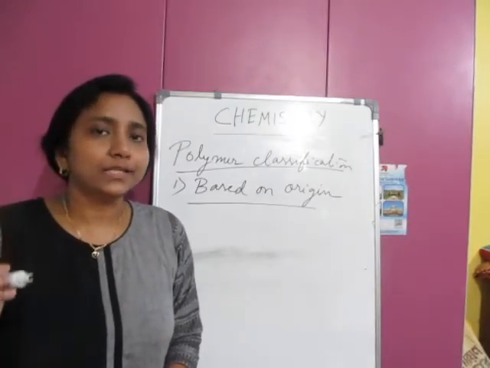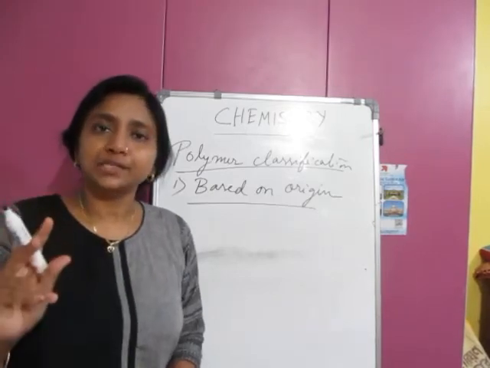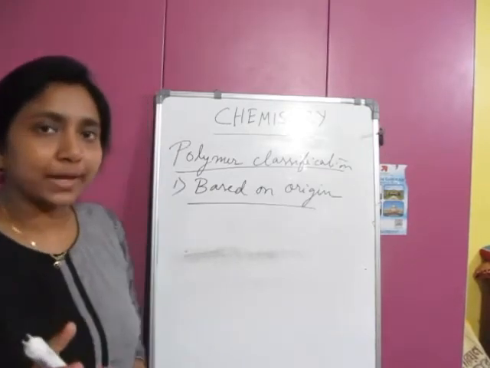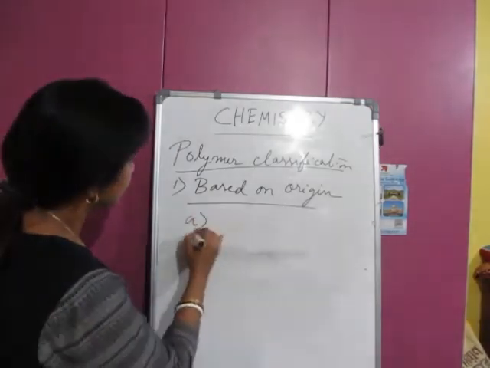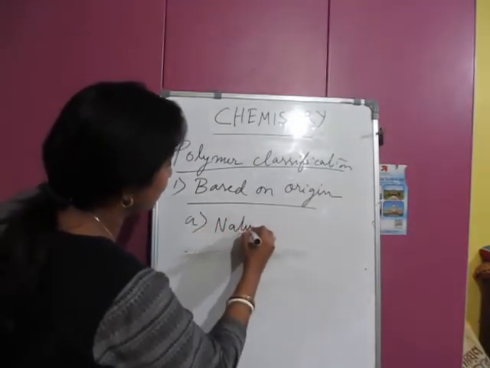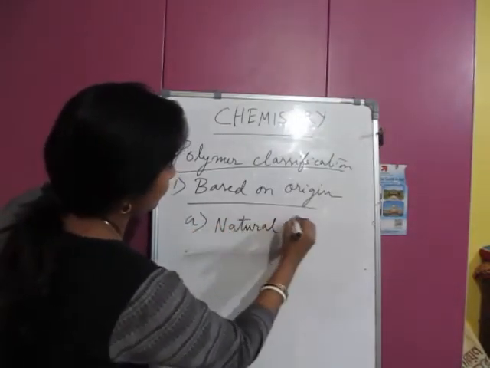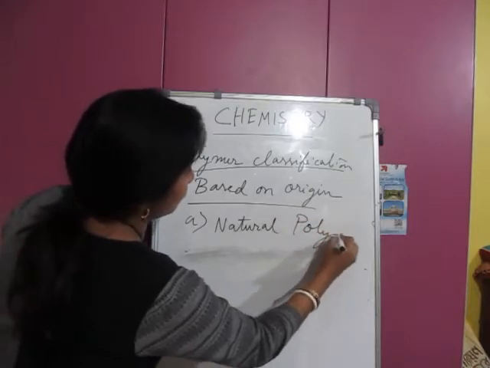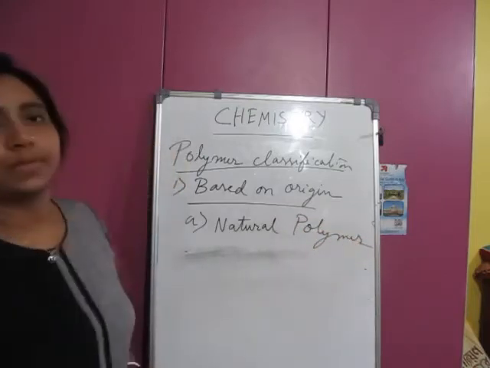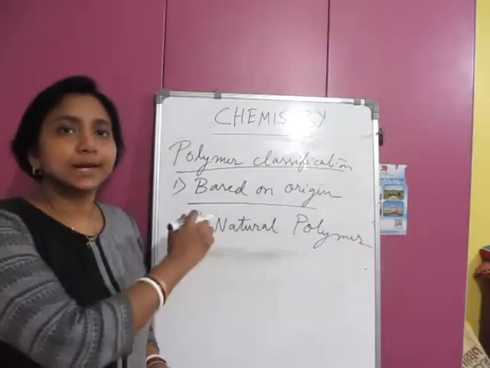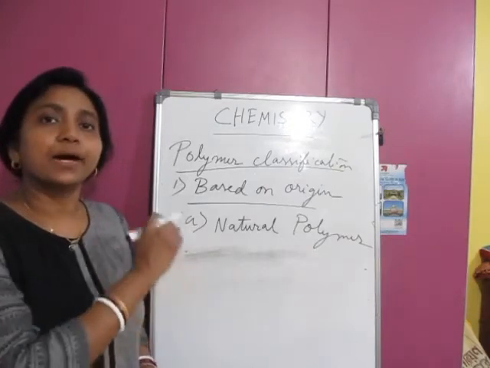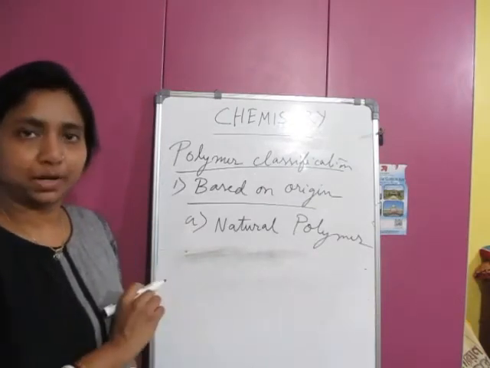On this basis we can classify polymers in two ways. Number one, the natural polymer. Number two, the synthetic polymer.